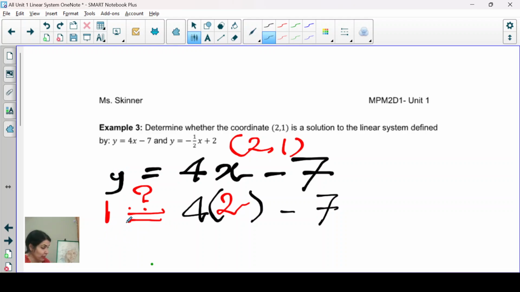It means that if the right side is equal to the left side, then it works on this one, and then we try the other equation. 1, is it equal to 4 times 2, which is 8, 8 minus 7 is 1.